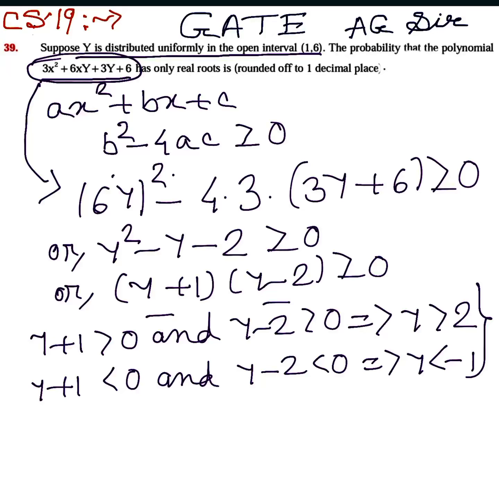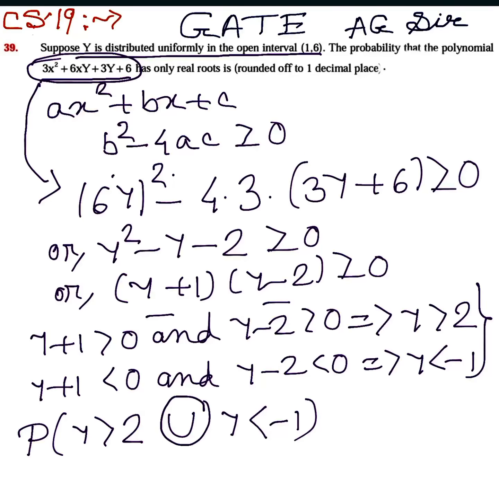Hence, for the polynomial expression to have only real roots, we have to find the probability that y is greater than 2 or, that means the t-norm operator, that y is less than negative 1. We may note that union is a t-conorm operator like OR, and intersection is a t-norm operator like AND.